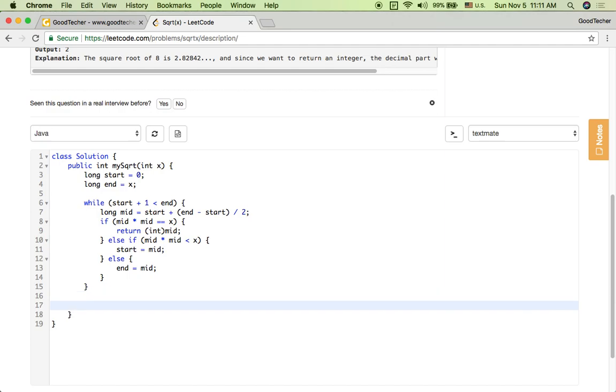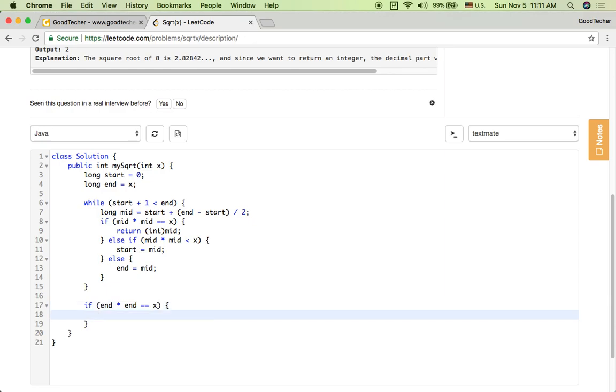And at the last part, we still have two values, end and start. If end multiplied by end just equals x, we know this is a square root and convert it to integer. Otherwise, we just need to return start.